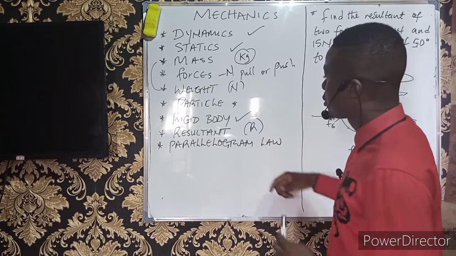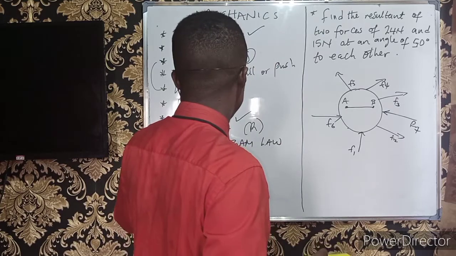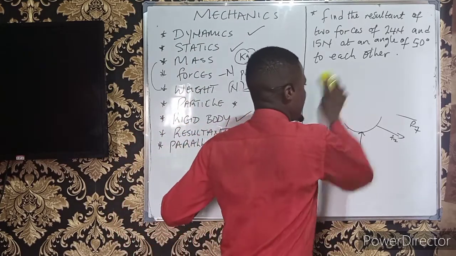To get the resultant of two vectors, we can use the triangle law of vector addition as well as the parallelogram law of vector addition.